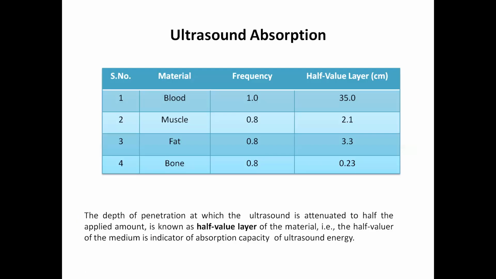Then this is the absorption capability of blood, muscle, fat, bone. For blood 1, muscle 0.8, fat 0.8, bone 0.8. Similarly the half value layer: 35, 2.1, 3.3, 0.